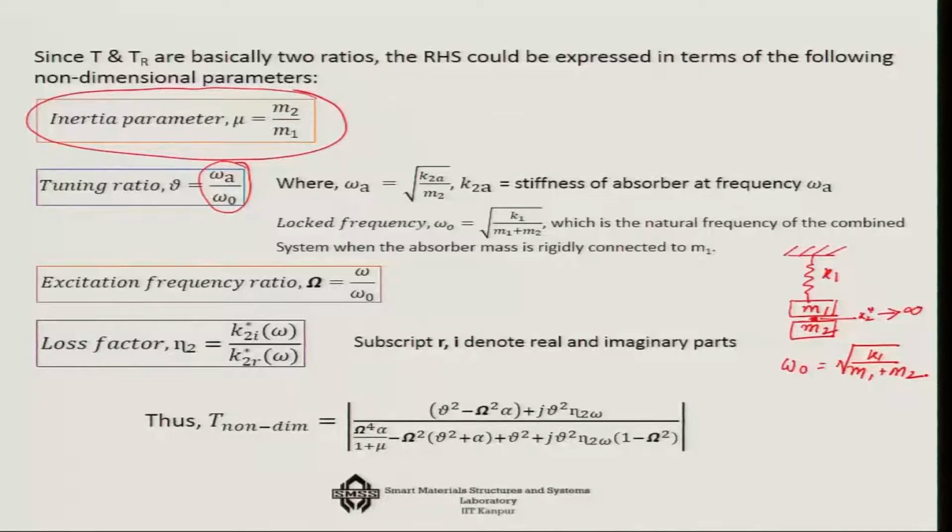Now, what is omega a? Omega a is the apparent natural frequency of the secondary system. That means, in that case you have k 1, you have m 1, and you have this k 2 star, and you have m 2, and omega a is the square root of this k 2 at a particular frequency level over m 2.